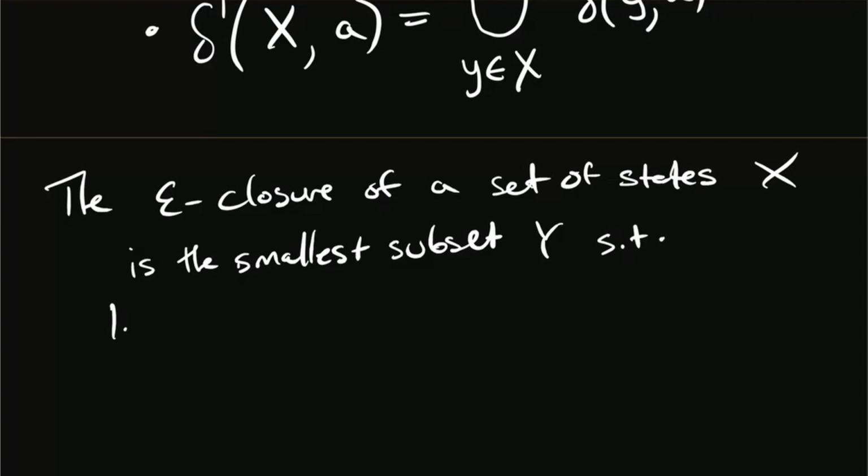Well, no matter what happens, if we have a set of states and there are no epsilon transitions we could apply from only those states, we better just be able to get to these states only, right? We want to include the states that we're already in. So we better have that X is a subset of Y. So Y includes everything we could already reach. So the epsilon closure of a set of states always includes the original set itself. But it might include other things.